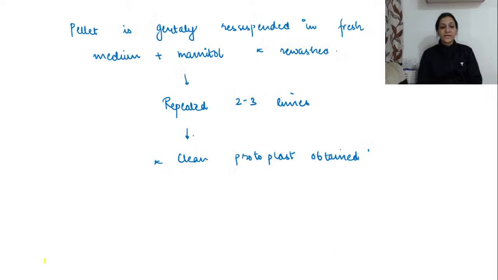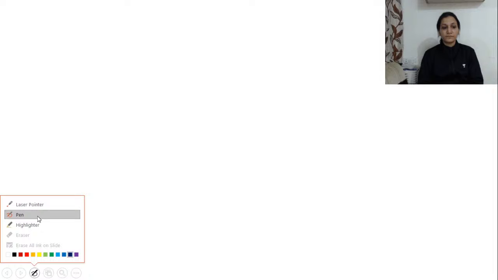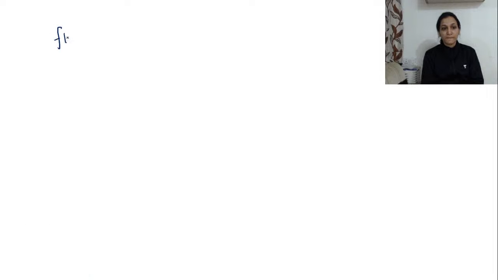Now the second method of purifying the protoplast is the flotation method. A concentrated solution of mannitol, sorbitol and sucrose can be used as a gradient. So what all things will be used?